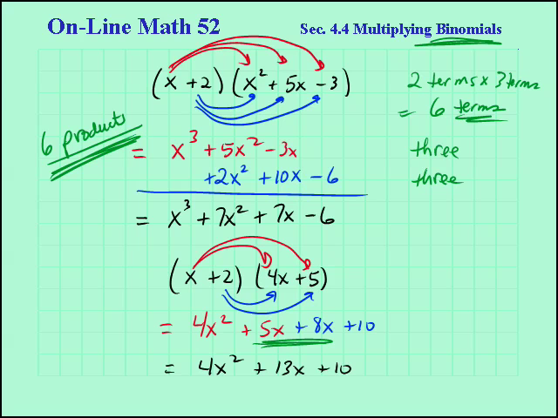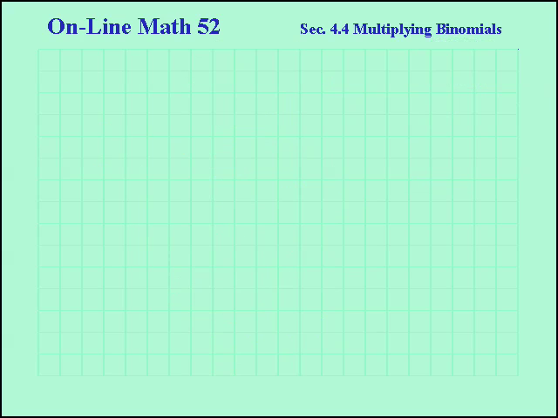Let me erase all of this and refer now to page 4.4-1, where we happen to have this product, 2x plus 3 times 4x plus 5.